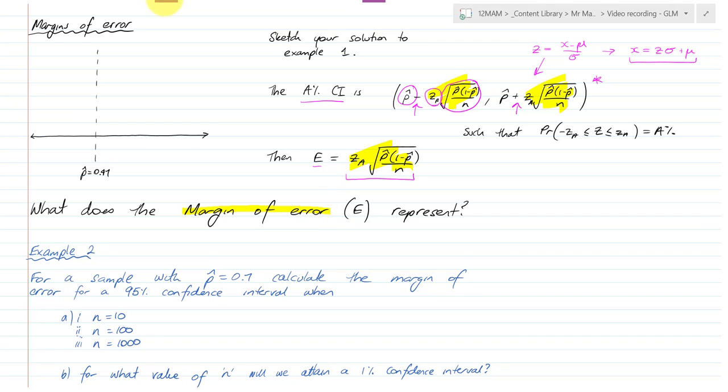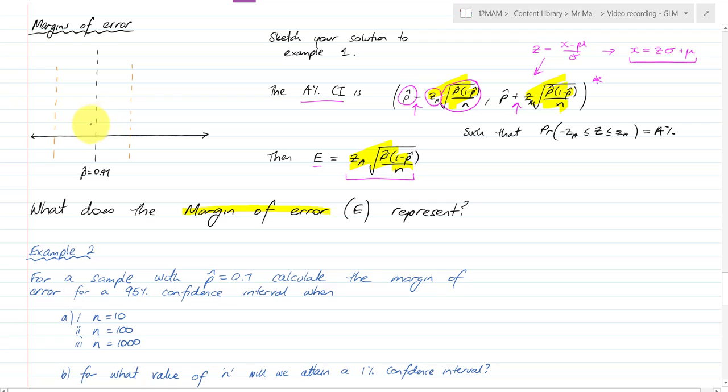So what happens is, if we've got a p hat here and we want to calculate a 95% confidence interval, we will do a calculation such that our confidence interval will be evenly spread on either side of p hat, and therefore we will be 95% sure that the actual population proportion p lies in this range.